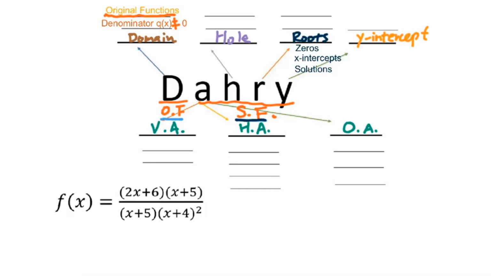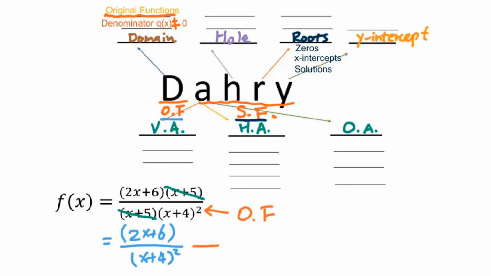If a rational function has a common factor, like this one, x plus 5 and x plus 5, after you reduce, you will get 2x plus 6 over x plus 4 squared. We call this the original function, and this is the simplified function.